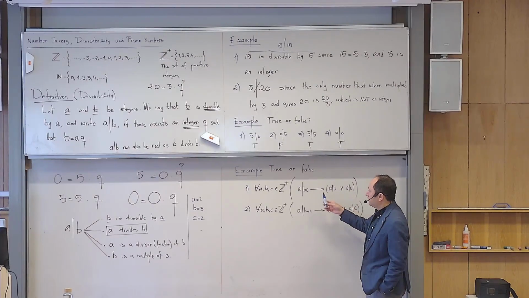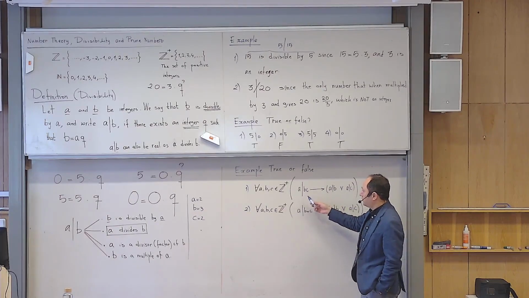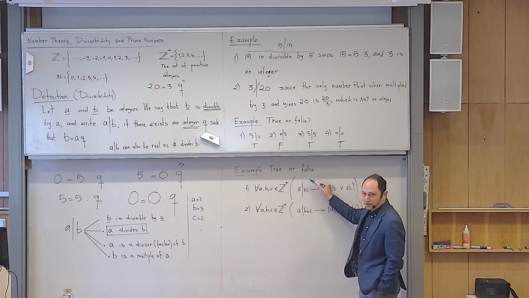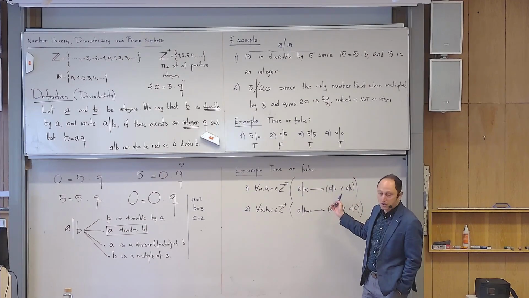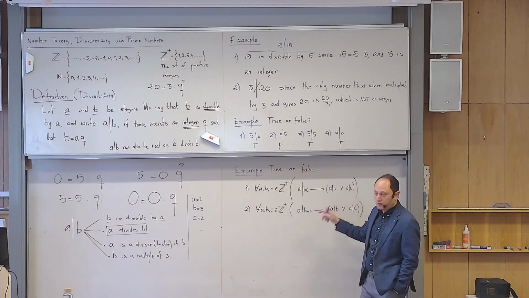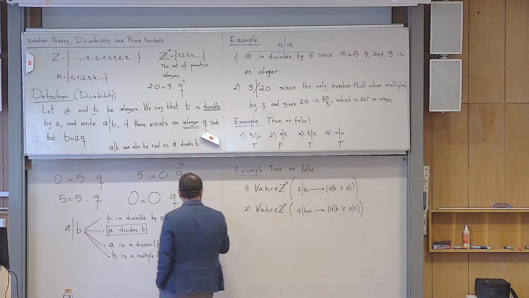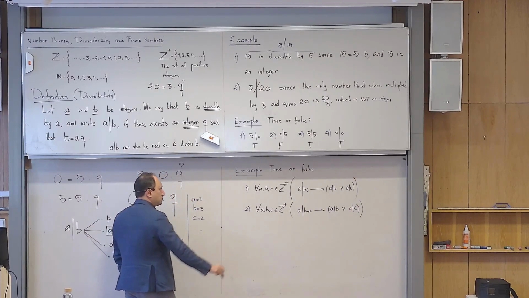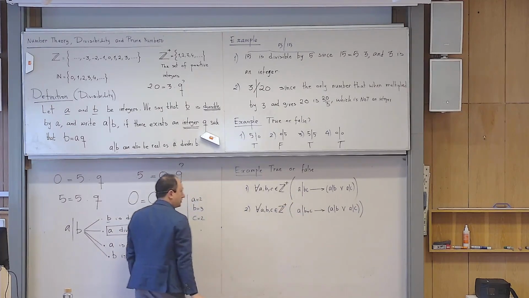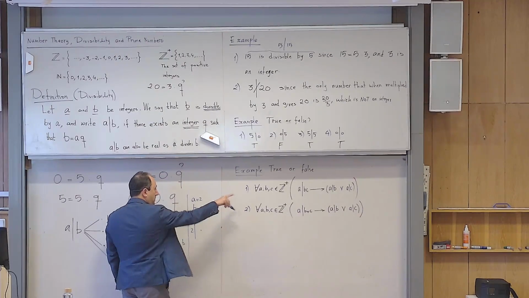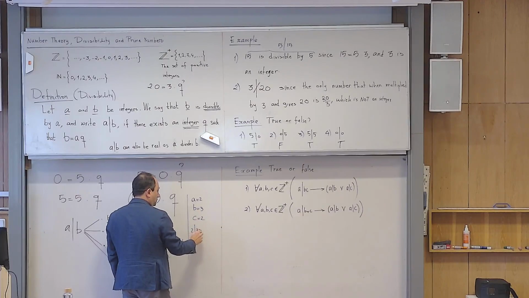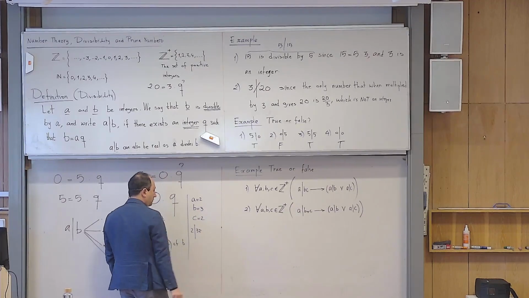If you want to say no, you need to bring three numbers that respect this condition but do not respect either conclusion, because this says or. The numbers that you introduced respect the first condition. Yes or no? A is 2 divides B is 3 times 2. Everyone, do you think this statement is true or false?